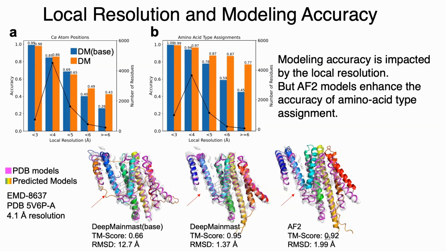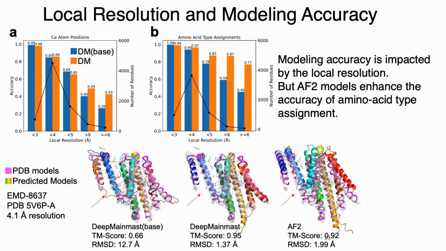So AlphaFold2 helps us to assign the more accurate amino acid type. We can see some performance drop, but it's better than DeepMainmast base. So this is one of the typical examples.